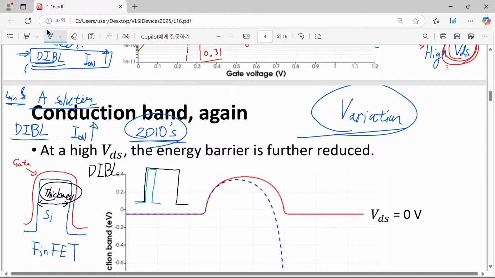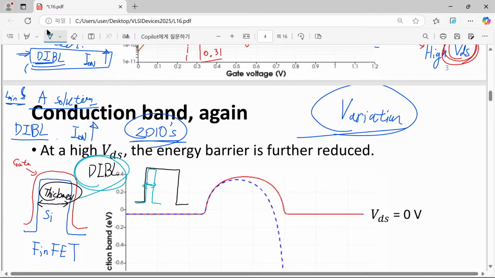So what is the difference? Simply, the difference is reducing the thickness of this silicon body called a fin. By reducing this, we can increase the DIBL immunity. By making narrower and even narrower devices, we were able to get quite good DIBL properties.